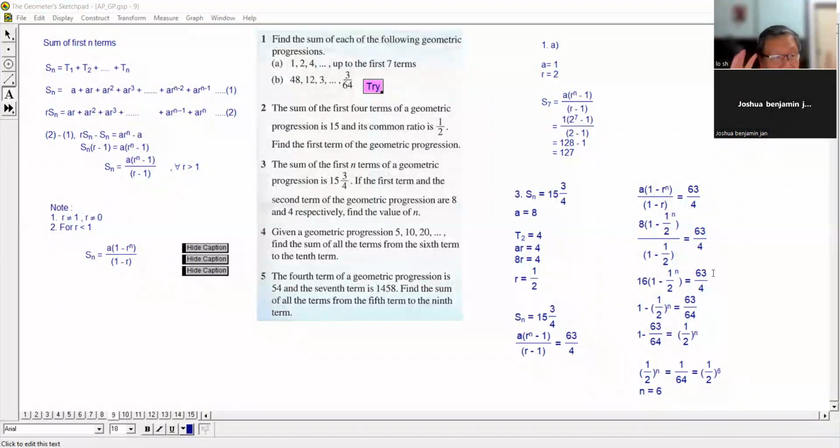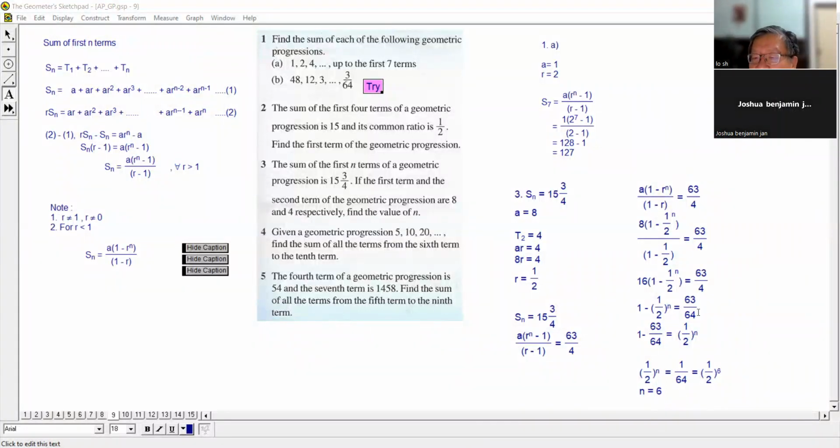Once you open the bracket, there are many terms that you cannot solve. So you don't open the bracket. Divide by 16 first. Divide by 16, it becomes 63 over 64. Now, 1 minus half to the power n is negative. So I move this over to the right-hand side so that it becomes a positive number.